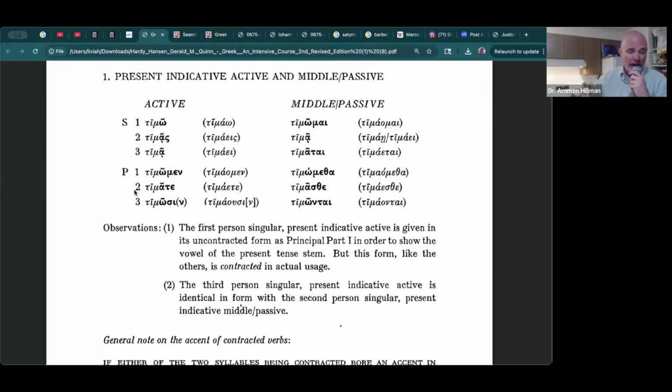It's just a contract and the vowel is messed up. Timaomen, or timaamen, I should say, to focus on the omicron, is taken and truncated and shortened into timomen with an omega. Fantastic. You've got to just notice these contractions and how they work.